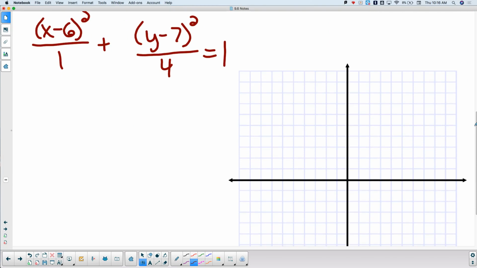Okay? So where is the center of this ellipse? 6, 7. 2, 4, 6, 7 puts my center right there. Okay?